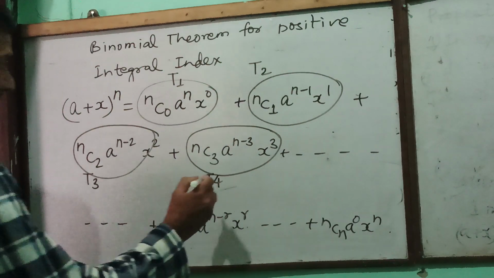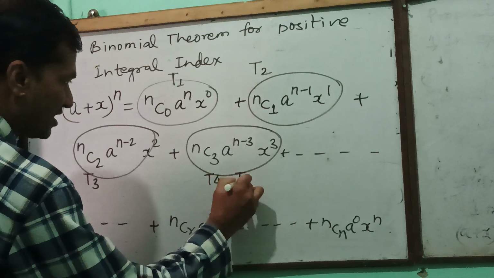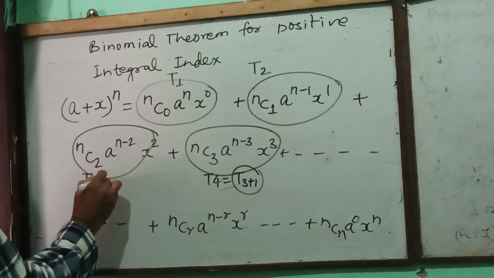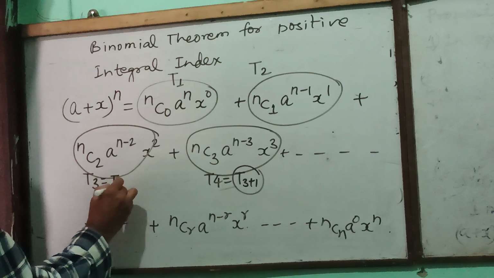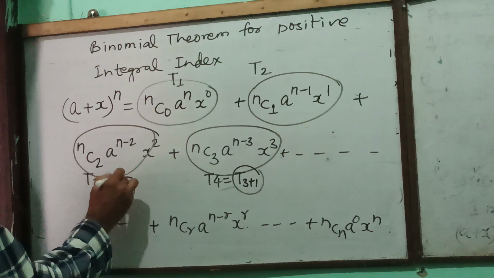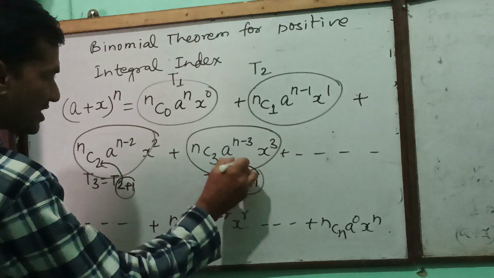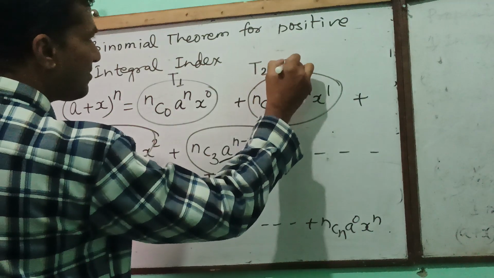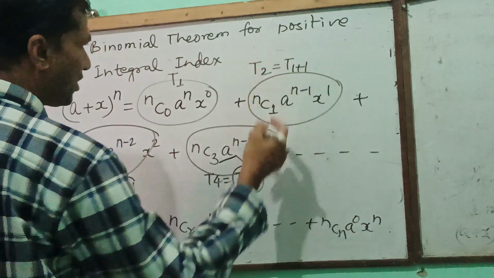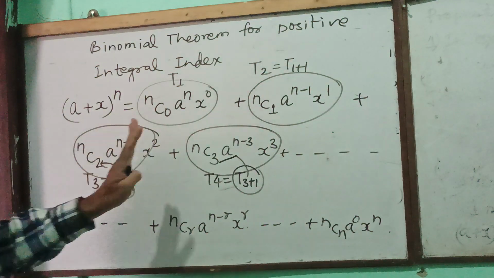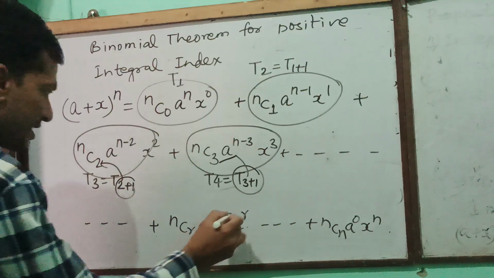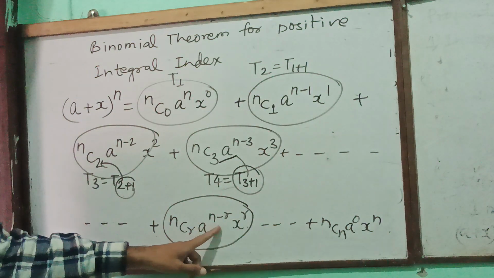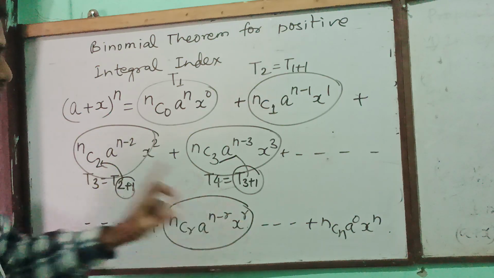So this one, T3, can be written as T2 plus 1. Over here this is 2, this is 3, this index is 3. T2 means we can write T1 plus 1. Okay. So similarly, if we expand, we are getting a term nCr a to the power n minus r x to the power r.